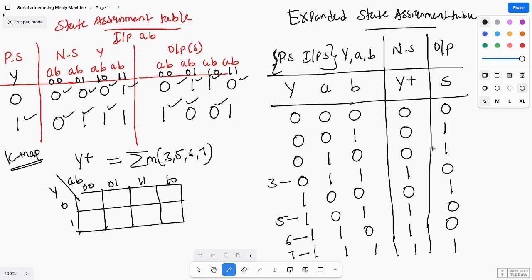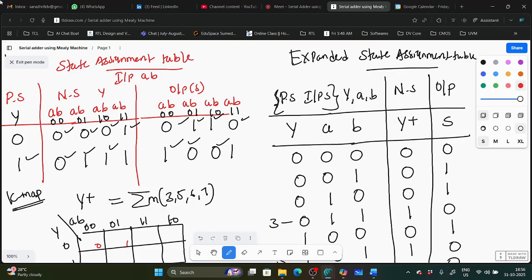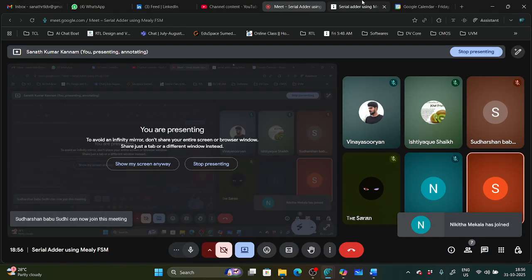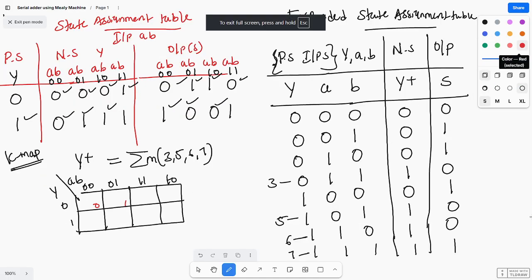Next, you see here what you are getting. 0, 1, 0, 1. See here 0, 1. Next, 2, 3. Next, 4, 5. 6, 7. Okay. So 3 is 1, 5 is 1, 7 is 1, and 6 is 1.